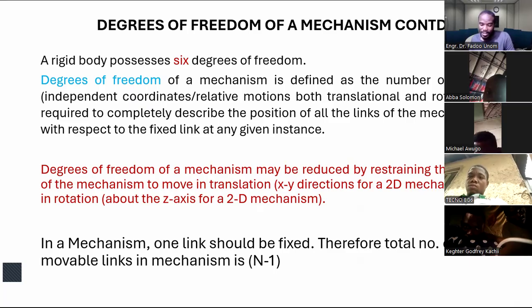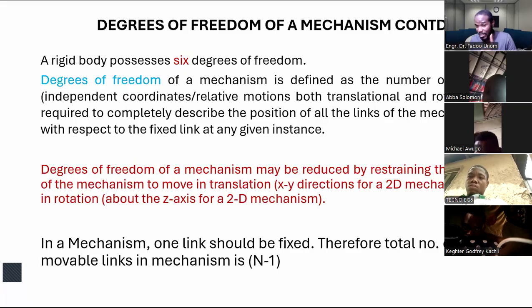We had 6 different coordinates that this thing could move, or the number of relative motions that are required to completely describe the motion and the position of all the links in that mechanism at any given time with respect to the fixed link.